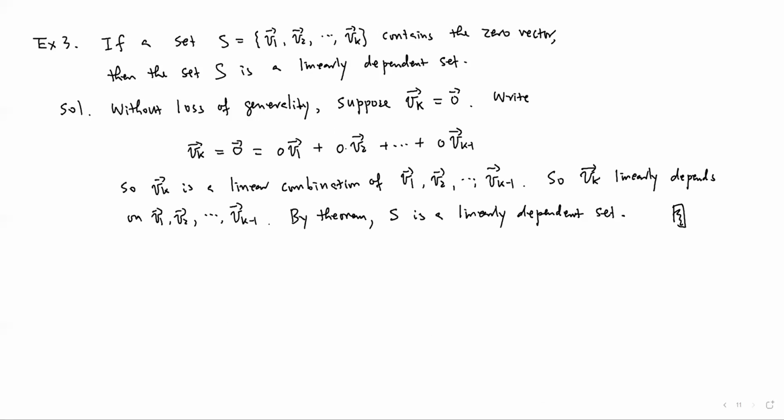Example 4. Let S be a set of k vectors. Each vector is in R^n.